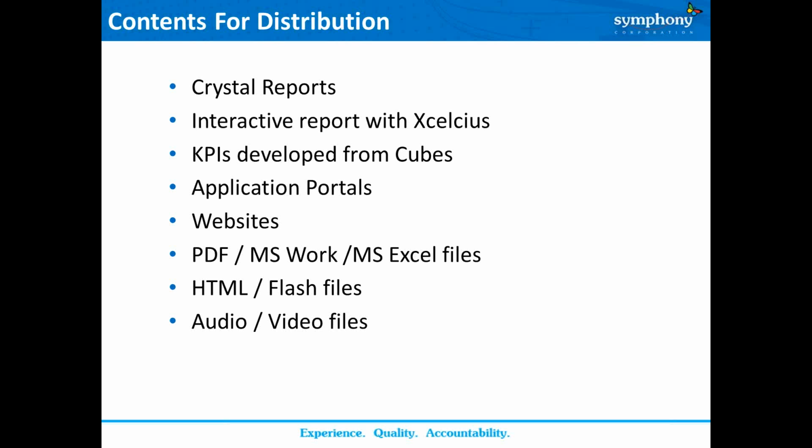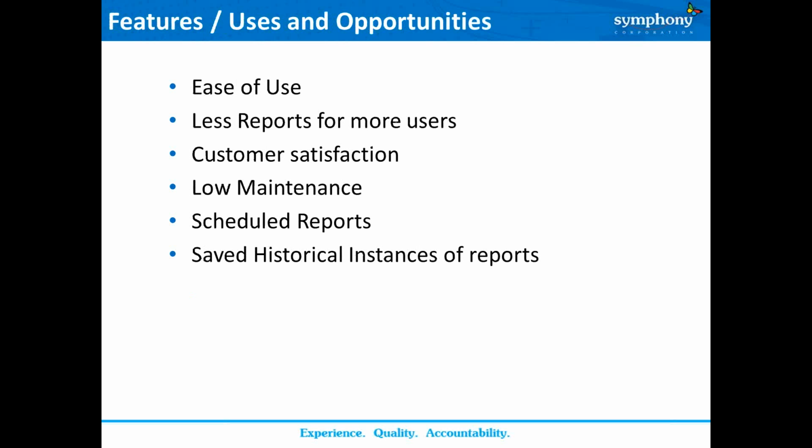People can go to different screens of Lawson via LBI without having to log into the portal itself. Those are some of the features other than the listed items here. Any Crystal reports, any reports or PDF files, audio and video files, anything that you want published for your users to see can be published in LBI as a hyperlink.